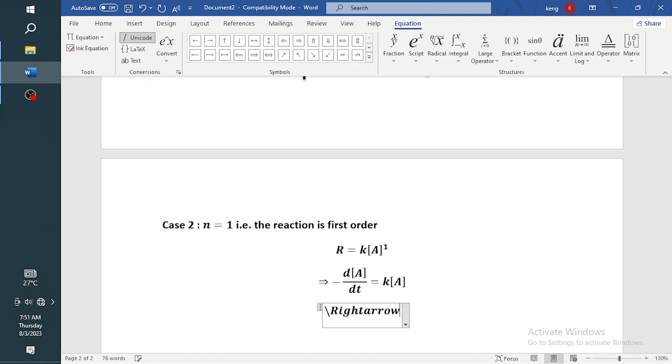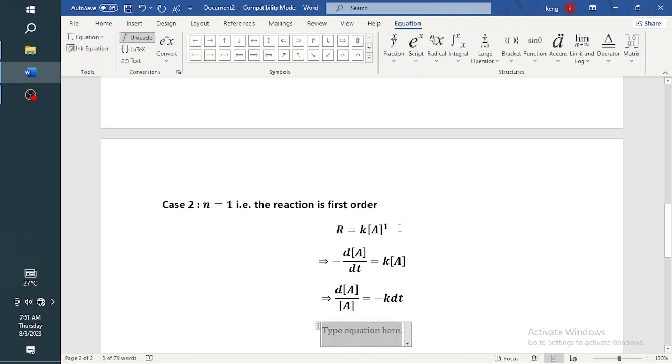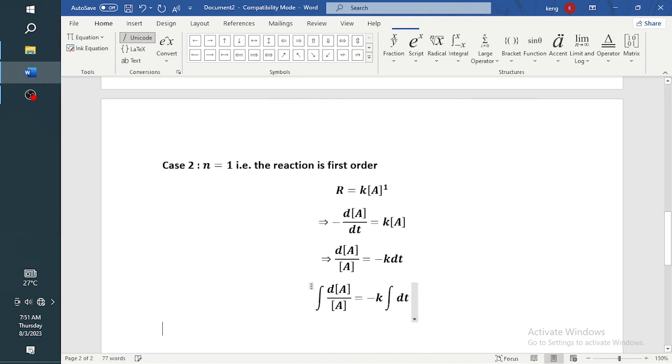We can separate variables, right? So we have dA by A equal to negative K dt. So if we integrate both sides, what are we going to get? We integrate d of the concentration divided by the concentration equal to negative K integral of dt.